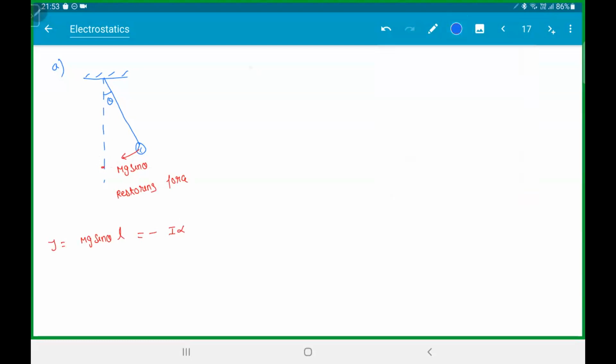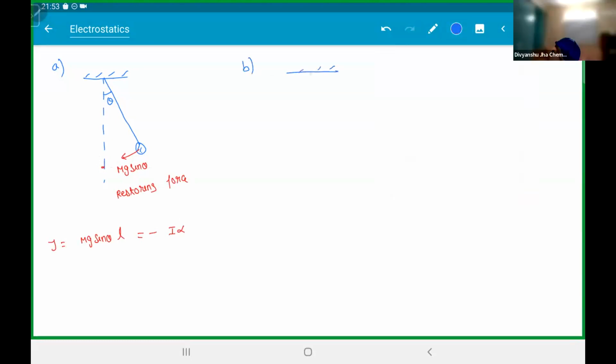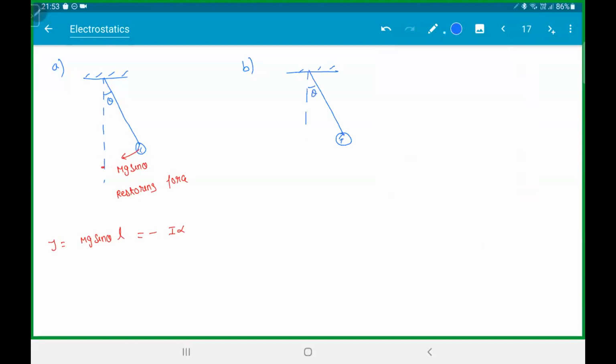Now look at the second case. What happens? When you're displaced by theta, what are the forces acting on this? This is plus q. This is plus q. The force is repulsion, this way. And this is mg sin theta. Now you tell me, what is the torque? Will the repulsion force add any restoring force? No, right?